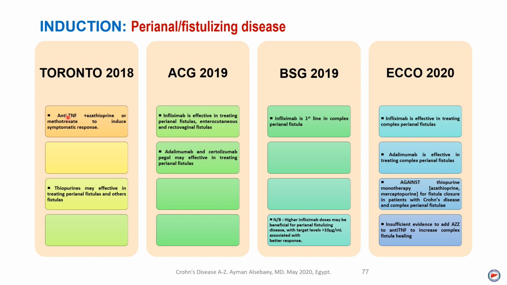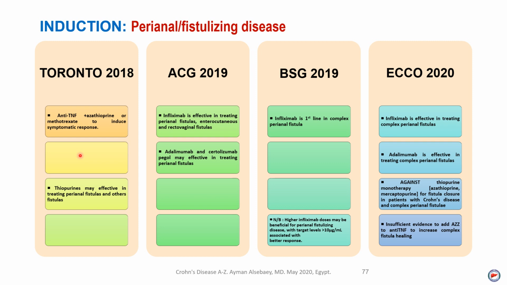I will give anti-TNF. I will give anti-TNF plus azathioprine or methotrexate to induce remission. In the past, they used azathioprine for induction of remission before the era of biological therapy. And also remember, they did not find efficacy for mesalamine or corticosteroid for treatment of fistula.